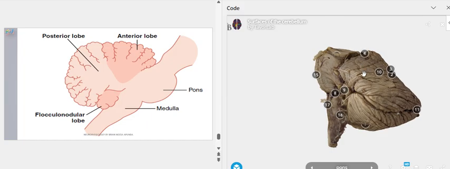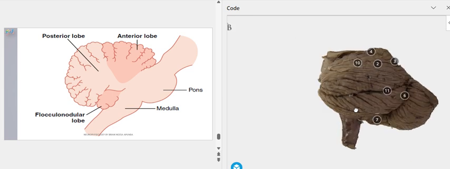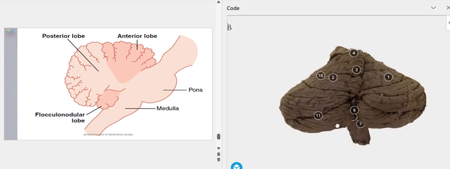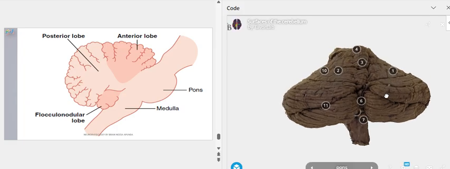So this becomes the anterior, and then we have the posterior lobe. It might seem as though there are two: the anterior lobe and the posterior lobe. Beneath the posterior lobe, you have the flocculonodular lobe, visible from this end.